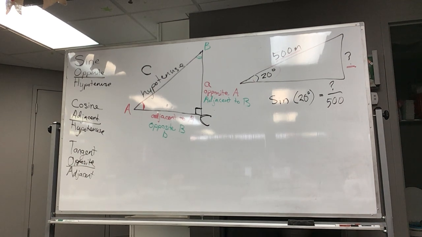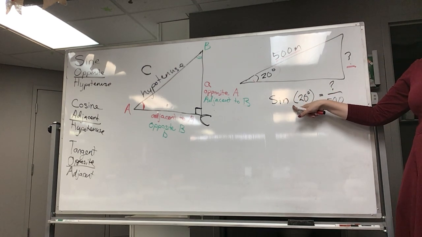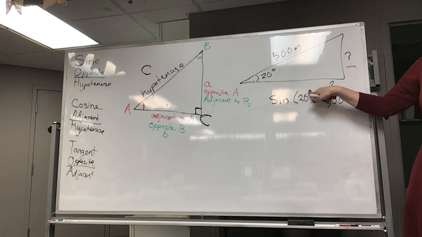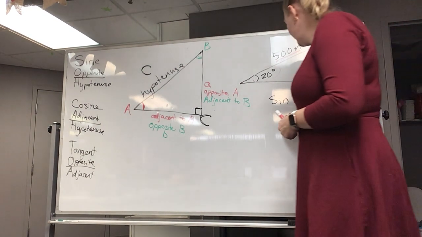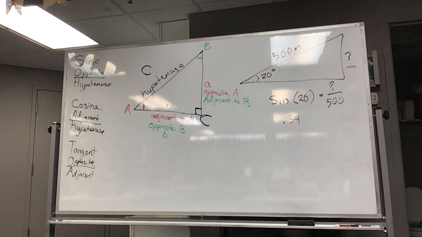When you type in your calculator, you're going to say sine button 20 and close the parentheses, and you don't need the degrees. What are you getting? 0.34. 0.34? Yeah. And again, they gave you the approximations. They agree with you. 0.34.